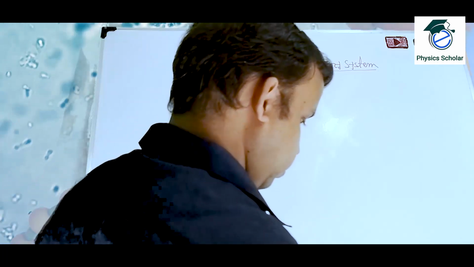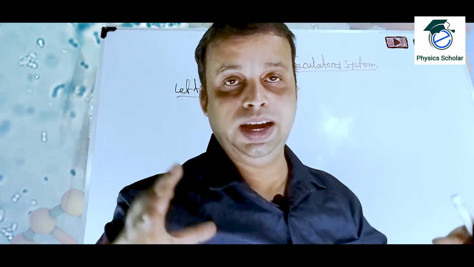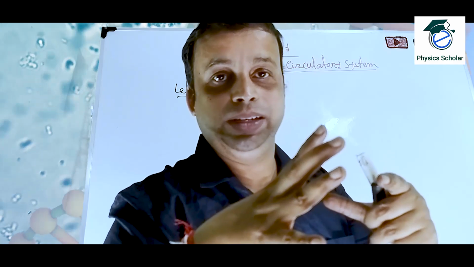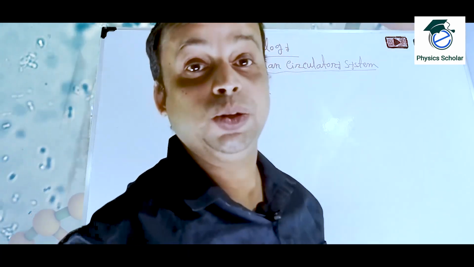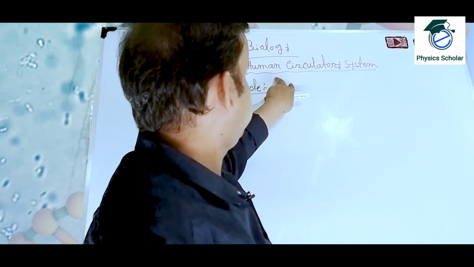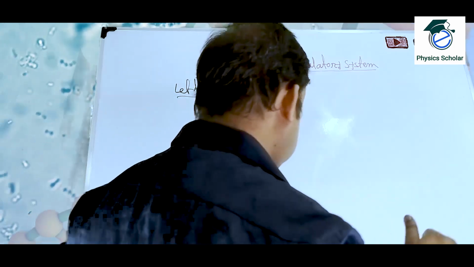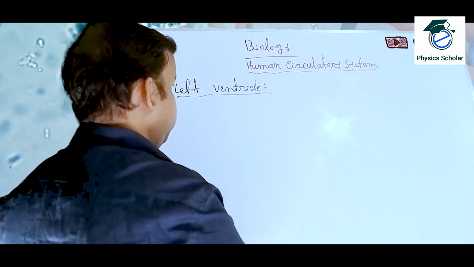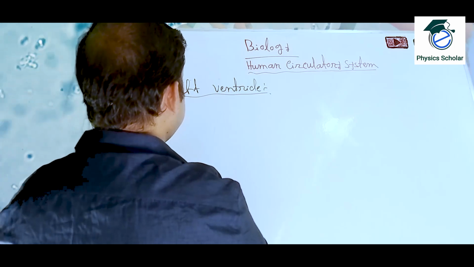When the ventricle is in diastole condition, clear, and the atrium is in systole condition, then the pure blood, from the left side deals with pure blood, I told. So the pure blood from the left atrium will enter into the left ventricle. Okay, and the bicuspid valve will open and the pure blood will enter the left ventricle.